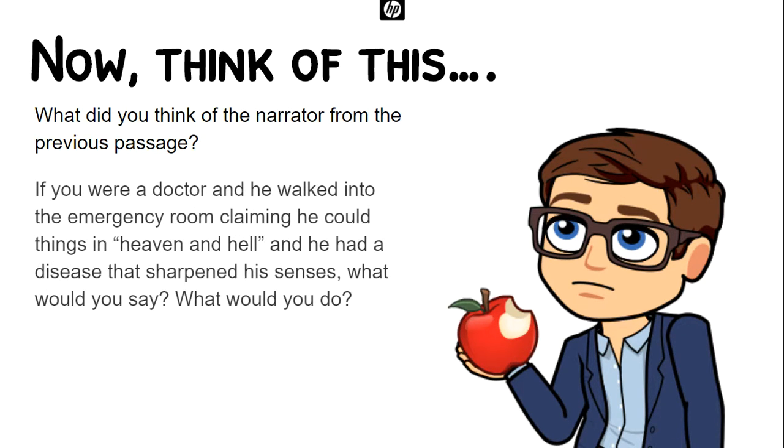If that person, that narrator, walked into your emergency room and you were the doctor, claiming that he could hear things and see things from heaven and hell, and he has a disease that sharpened his senses, what would you say? What would you do? So now, instead of taking on the point of view of the narrator, you're going to take on the point of view of the doctor.